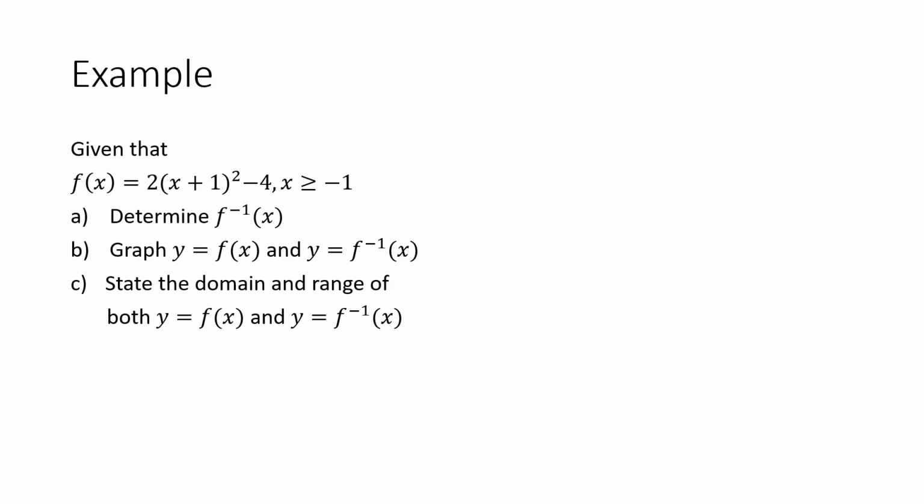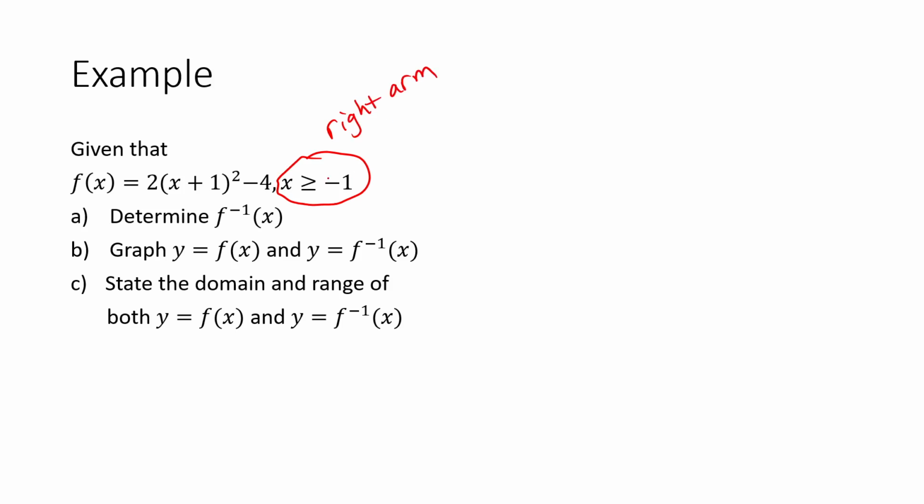Okay? So let's do a few examples here. In this one, let's imagine that f of x is a one-armed parabola. I know it's a one-armed parabola because of this right there. Because it's x greater than or equal to -1, I know it's the right arm.